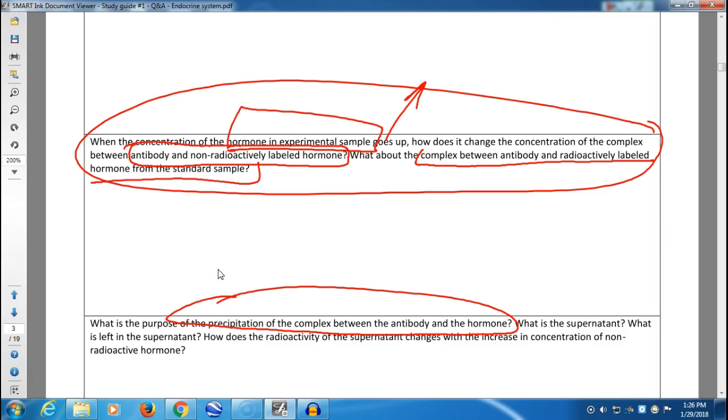Unbound radioactive hormone. How does the radioactivity of the supernatant change with an increase in concentration of non-radioactive hormone? The more non-radioactive hormone you add, the more hormone you have in the sample, the more unbound radioactive hormone will remain in the supernatant above the antibodies. Okay?